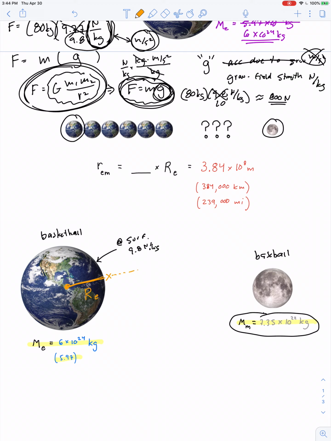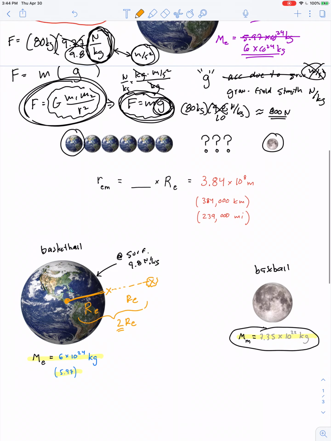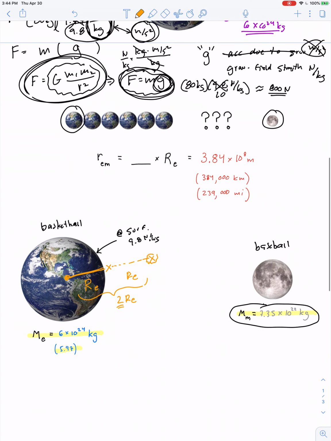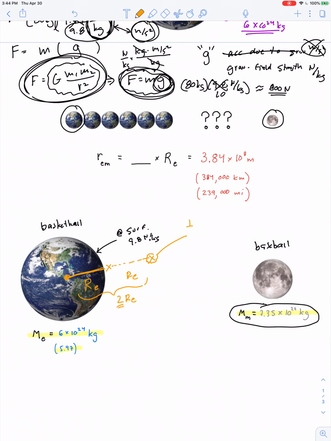If you were to double that distance, so maybe we place a satellite or some other spacecraft at a distance of, in total now, 2 times the radius of the Earth, then the gravitational field strength you might think would be half as much, but wait a minute, this is an inverse squared law, so the Earth's gravitational field strength at this point is about 1/4 of 9.8, or in other words, about 2.5 newtons per kilogram.